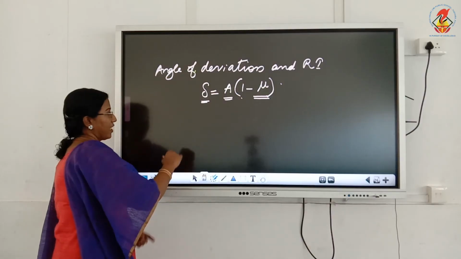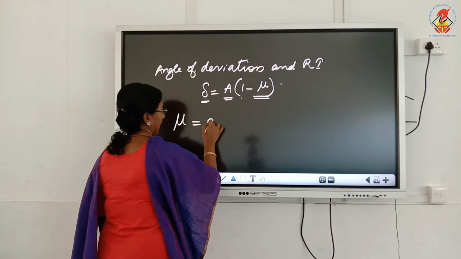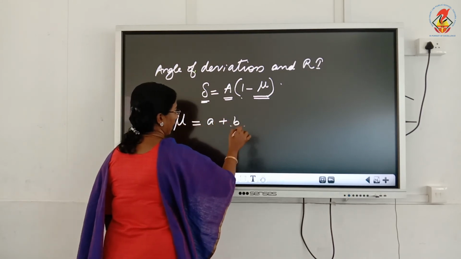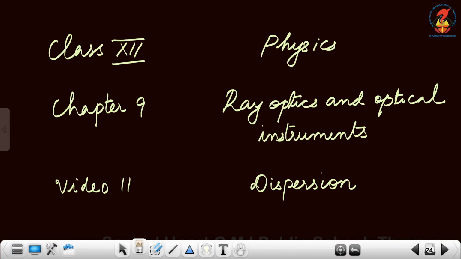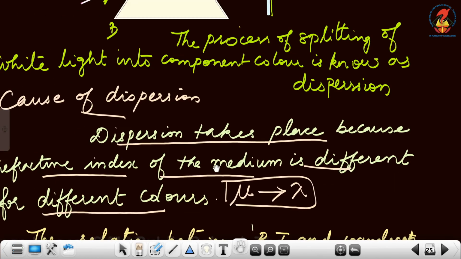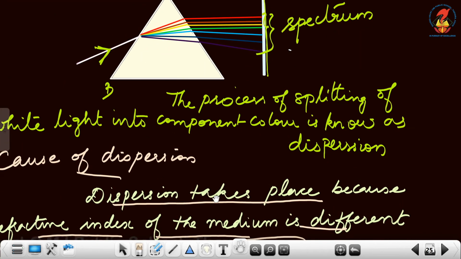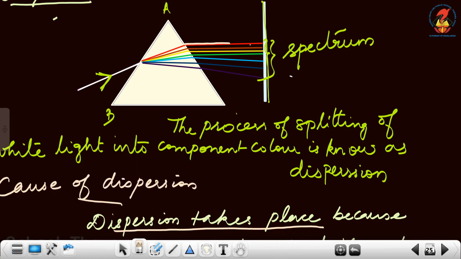And we also know that refractive index depends on wavelength by the equation A plus B divided by lambda square plus C divided by lambda raised to 4. Now, if you look into the diagram, it is clear that the red light is getting deviated less when compared to the violet light.